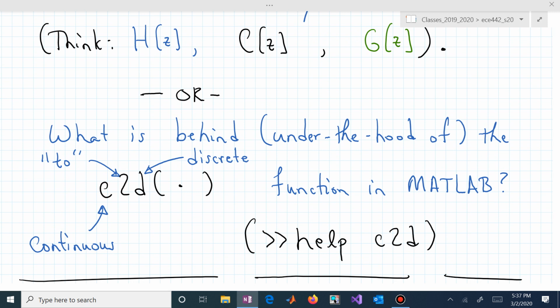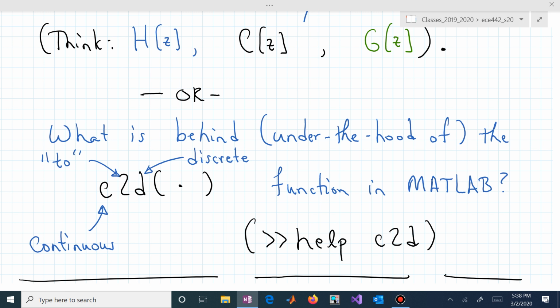Or you could be dealing with the following question. What's behind the function in MATLAB called C2D? Continuous to discrete. That's simply a function in MATLAB, and we will be providing you information for what it means if you put in a different argument in that function.